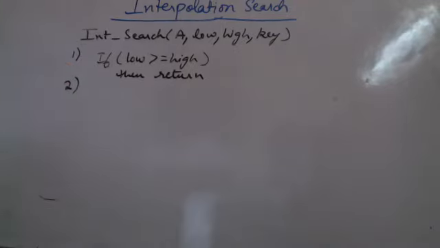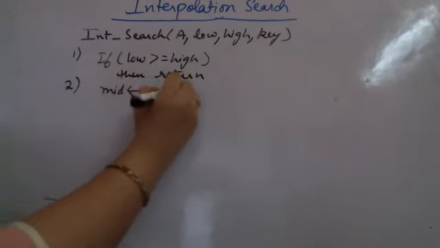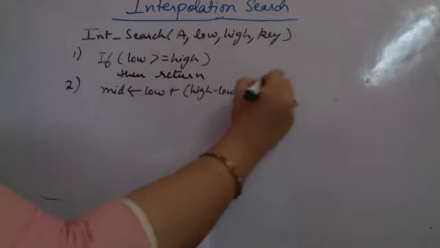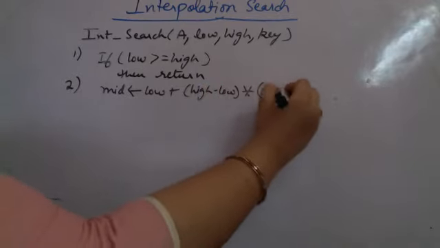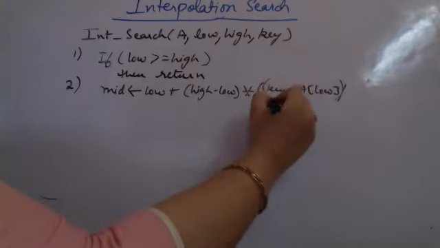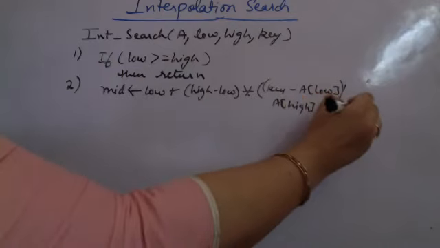Else you need to calculate mid. Mid is equal to low plus high minus low multiplied by, here we have key minus a of low divided by a of high minus a of low. That is it, we calculate mid.